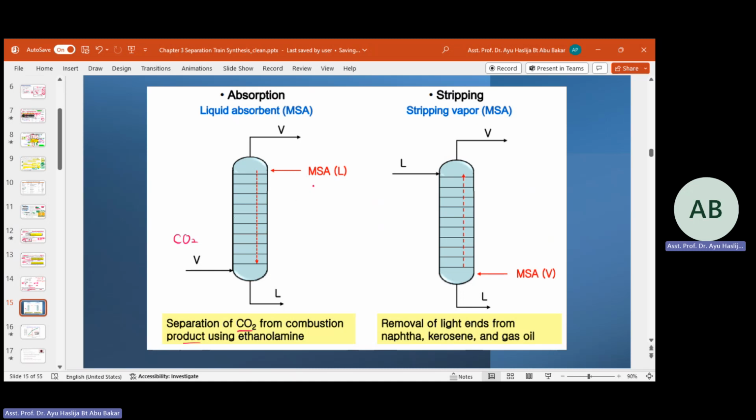Here the MSA, the agent, is ethanolamine, EA, to absorb the rest of the gases and release only CO2.